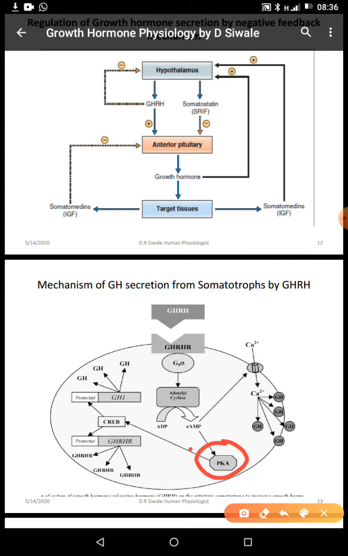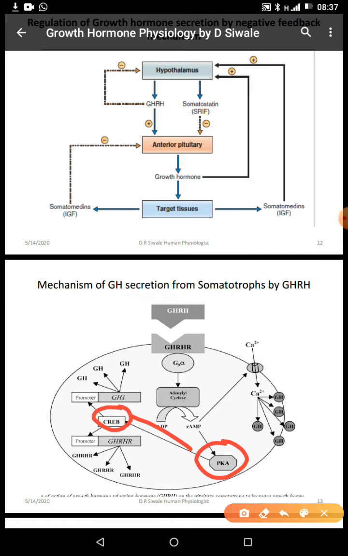The protein kinases will activate the CREB. Okay, the CREB is cyclic AMP response element binding protein.